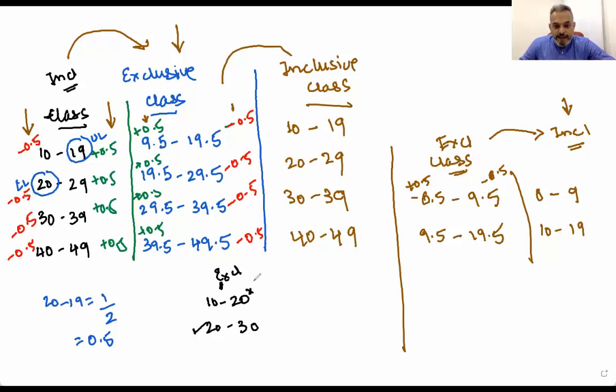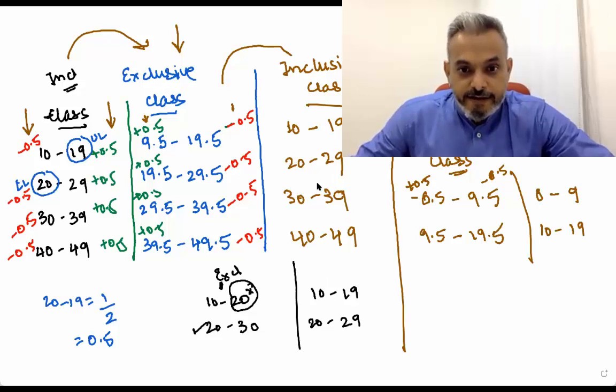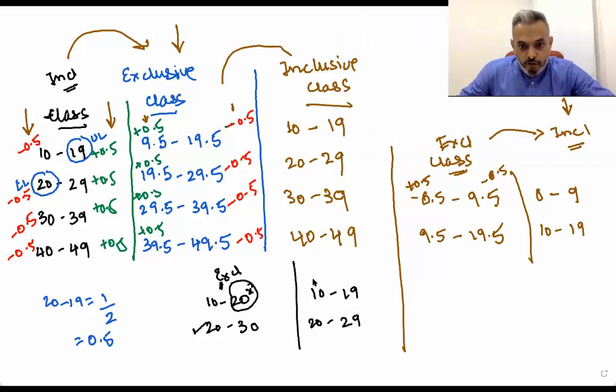That is why we exclude this 20 for the tally mark. That's why it is known as exclusive. But if it is given 10 to 19, 20 to 29, then in that case we take 10 also over here and 19 also over here. So it is known as inclusive.